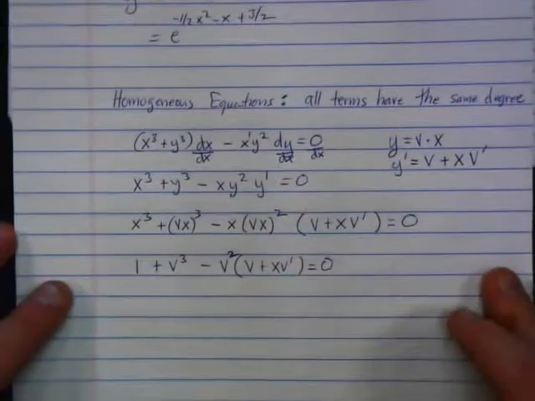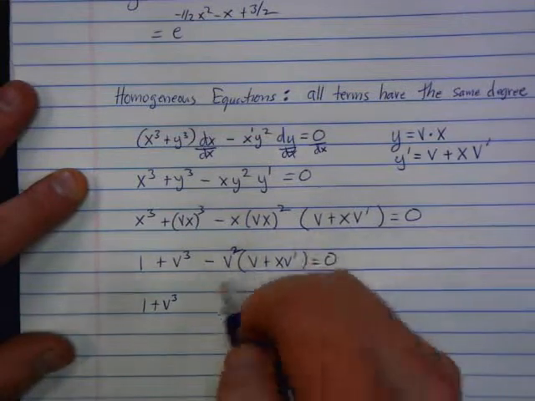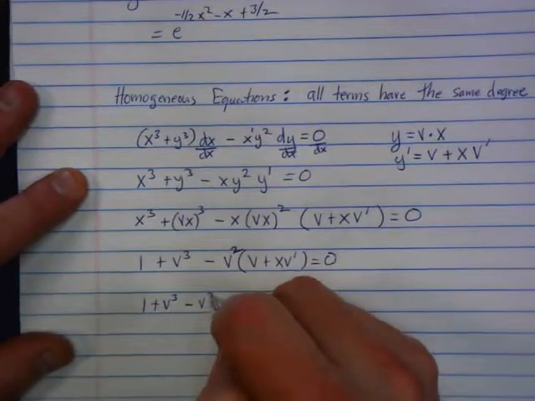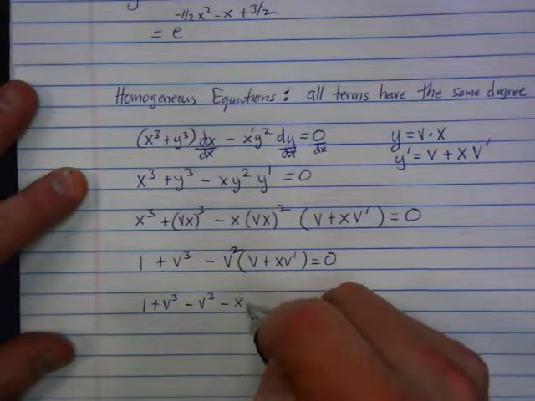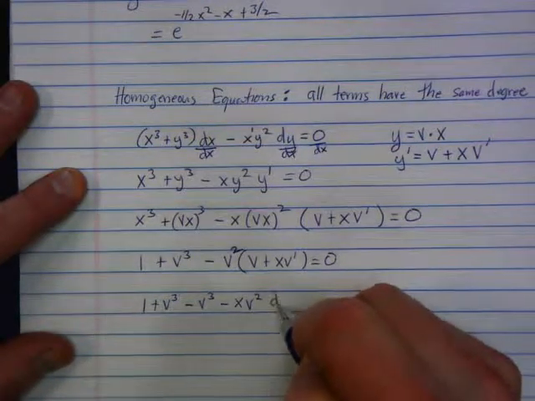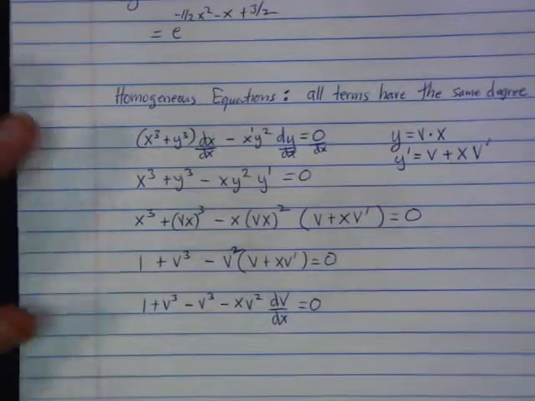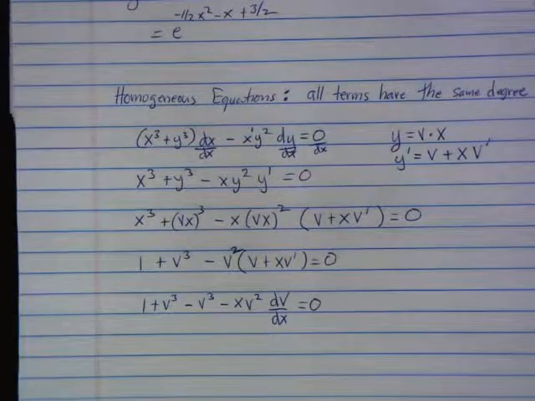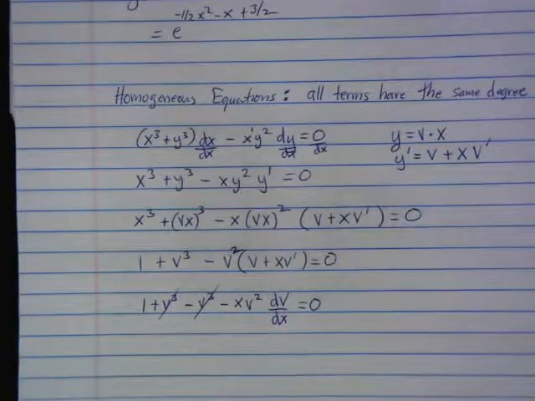Distribute the v squared, all right. 1 plus v cubed minus v cubed, hey, that looks handy, minus x v squared. And I'm going to go ahead and write this as dv dx. Since I'm going to try to separate my variables, I might as well write that as dv dx because I'm going to have to get all the v's on one side, all the x's on the other. And I was saying this is handy because the v cubes go away, like that.